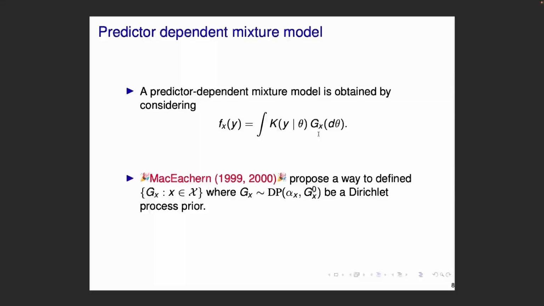And this is where the DDP enters the scene, because in this seminal work, Steve proposed a very elegant and powerful way to define a collection of random probability measures indexed by predictors. The idea here is to introduce dependence across these random probability measures while still preserving the property that each of them is a DP, like, marginally speaking, the process is a DP.